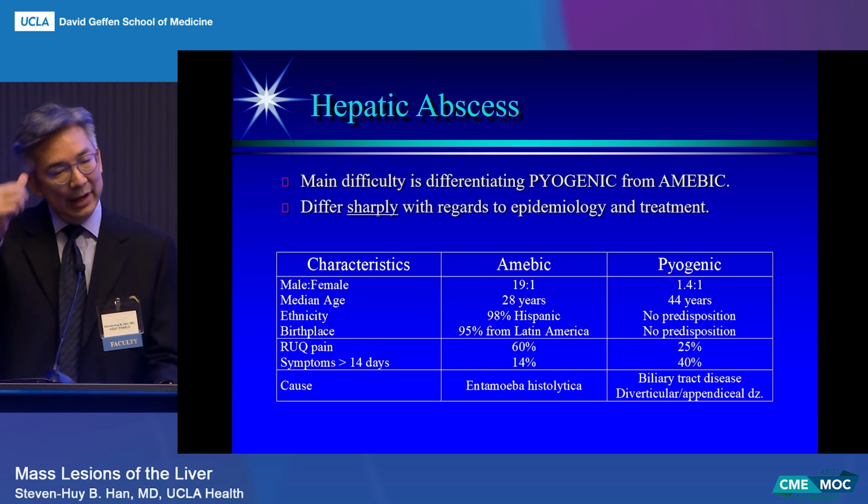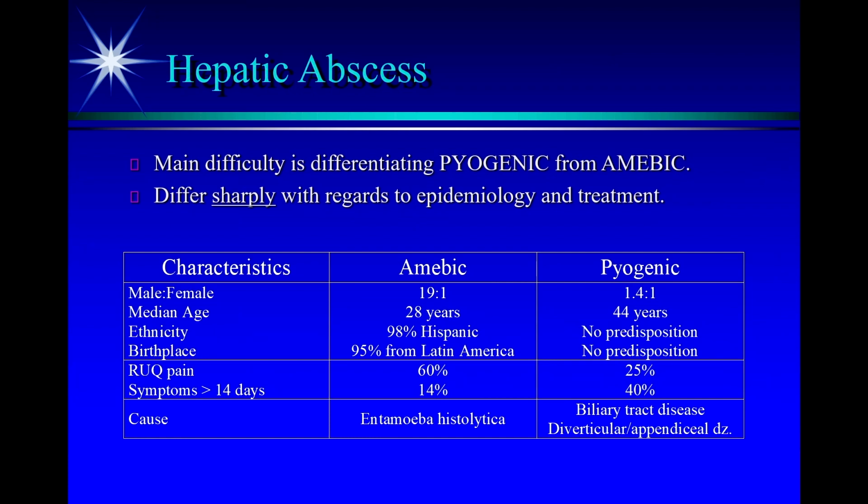And the demographics of the two abscesses are very distinct. Amoebic abscesses tend to happen in younger folk. Pyogenic abscesses tend to occur in older patients. And there was a large study that was done at LAC-USC County Hospital that showed that the vast majority of patients who came with amoebic abscesses tend to have Hispanic surnames, tend to come from countries that have underdeveloped systems of water sanitation.